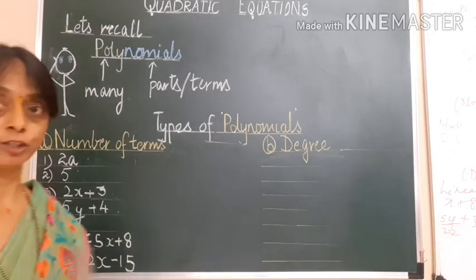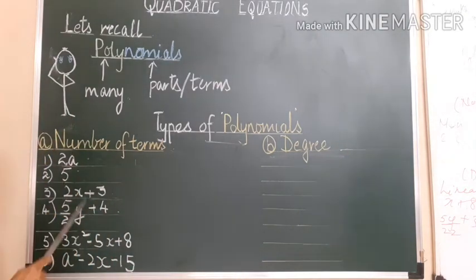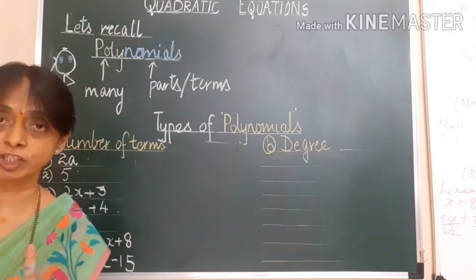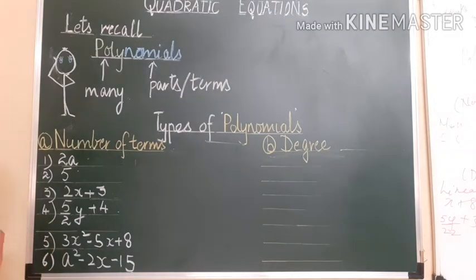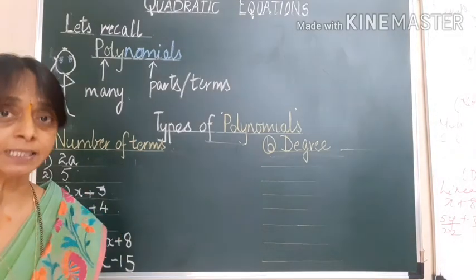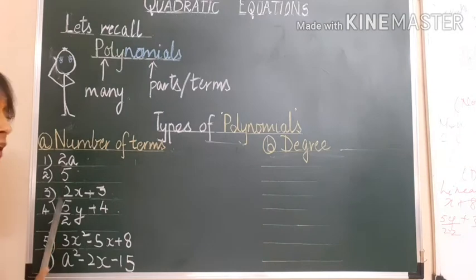Now pay attention, children. I have written a number of examples over here. Let's see how they are categorized in terms of types of polynomials. Now when you see in detail all these examples written, all these are algebraic expressions. All are polynomials, but they can be given specific names depending upon the number of terms that they contain. Let's see further.